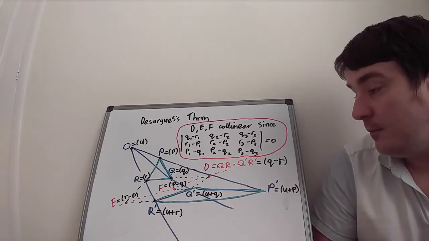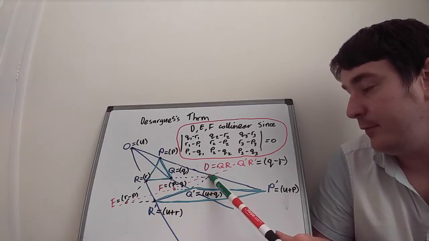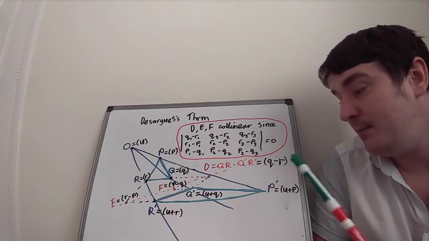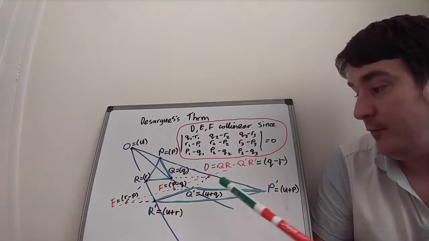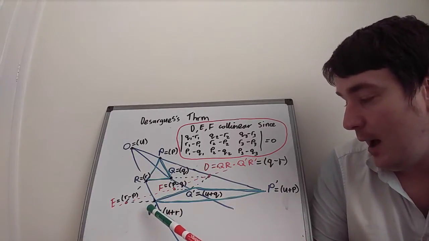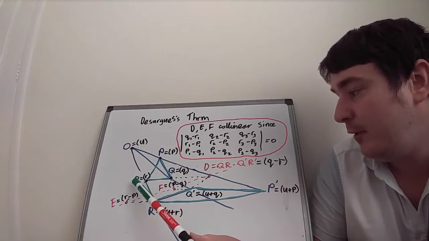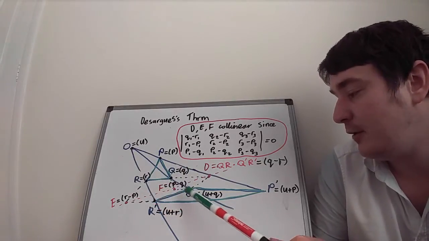Now what we're going to do is work out where these red points are. These 3 red points here are the points generated by the meets of corresponding edges of our triangle. So let's start out with D. We find this point D, it's the meet of the edge through Q and R, and the edge through Q dash and R dash.